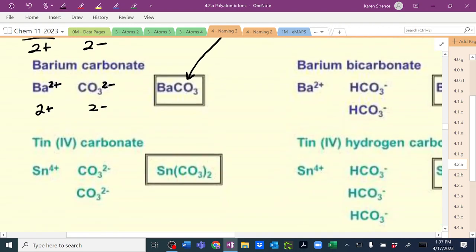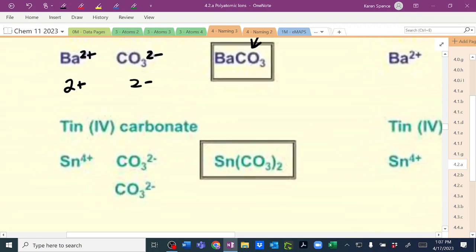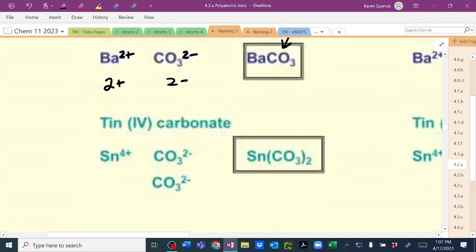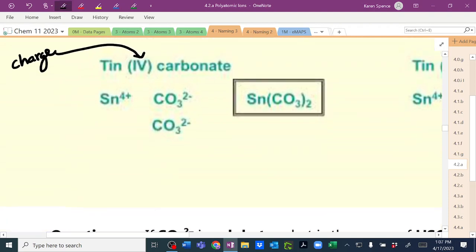But if we get tin, how would we know, what does this 4 tell us about the tin? That tells us the charge. And if you've forgotten your Roman numerals, they go 1, 2, usually people are good with 1, 2, and 3. Now, here's the trick.